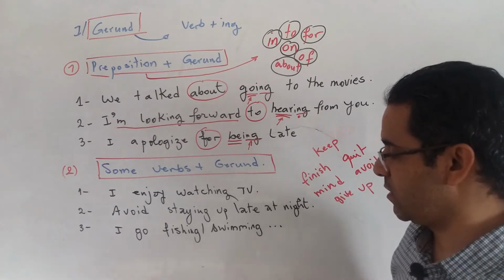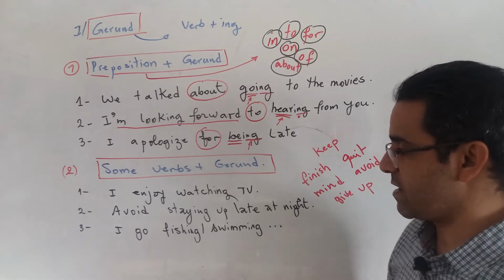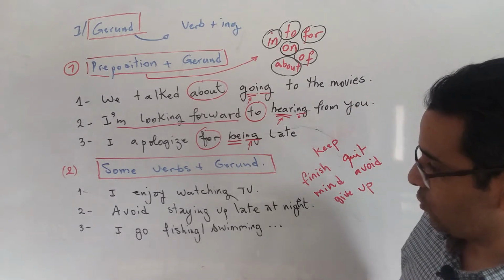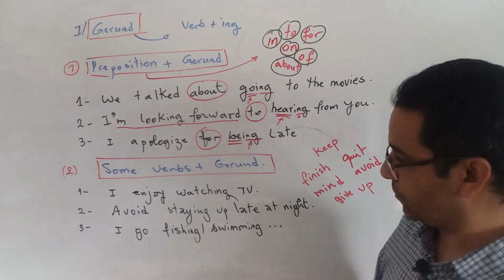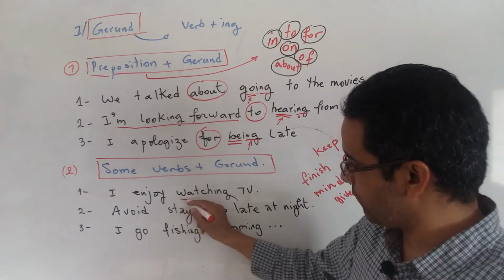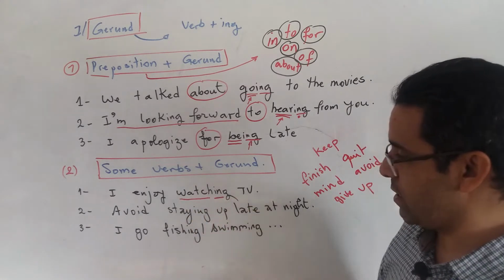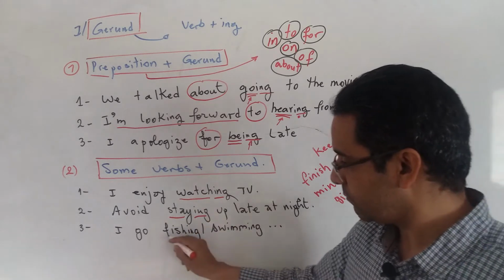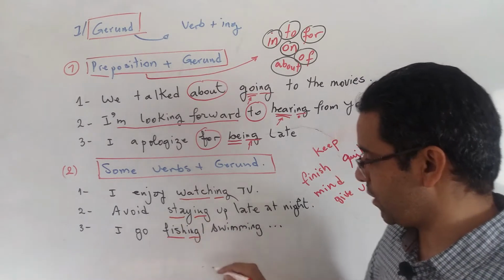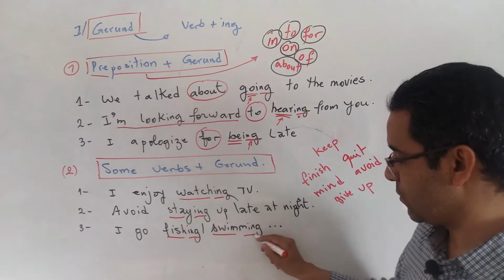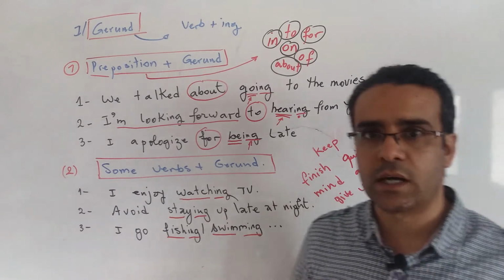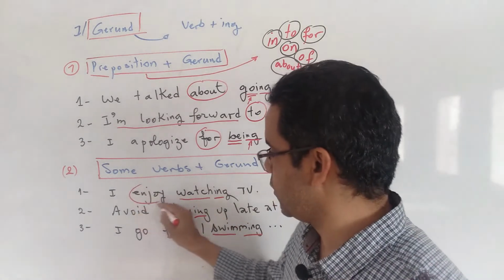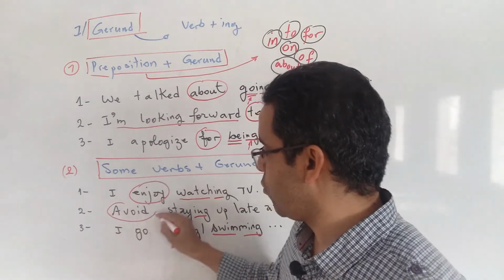I go fishing, or I go swimming, or I go hunting, etc. So let's again find out the gerund: watching, staying, fishing, swimming. And the verbs for this one are enjoy, avoid.